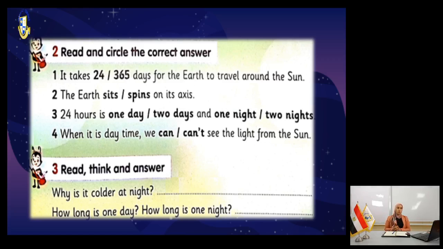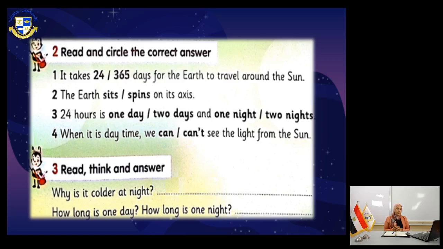Exercise number 2. Now, we read the text. Now we are going to circle the correct answer according to the text. Number 1, it takes 24 days or 365 days for the earth to travel around the sun. Circle 365 days.